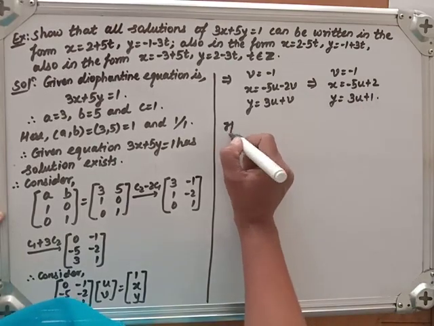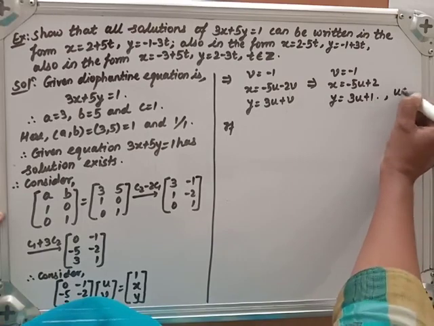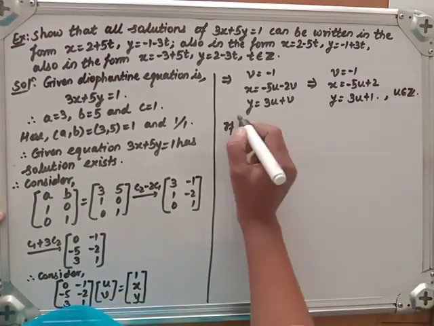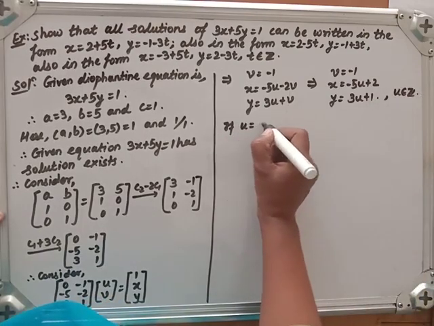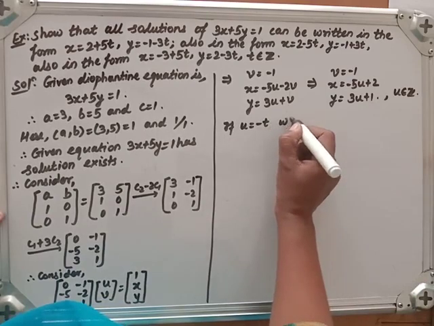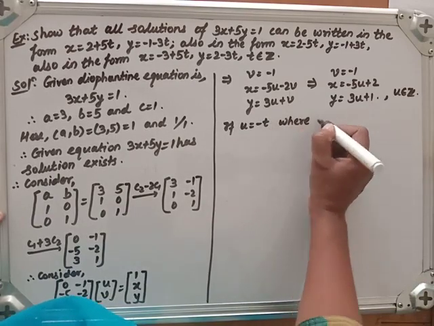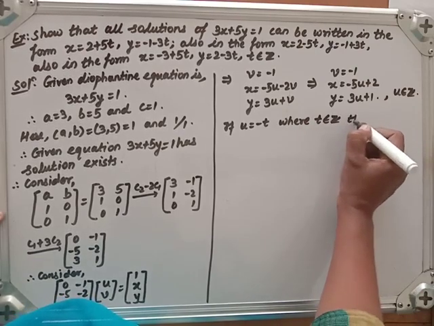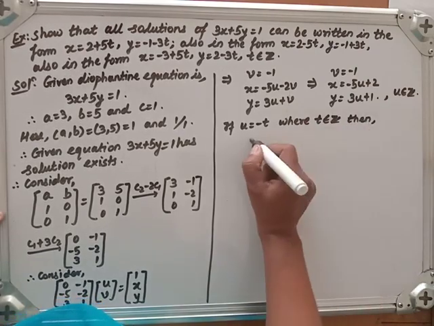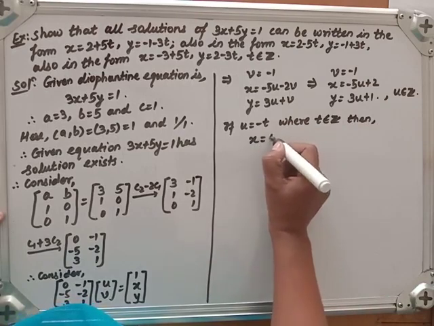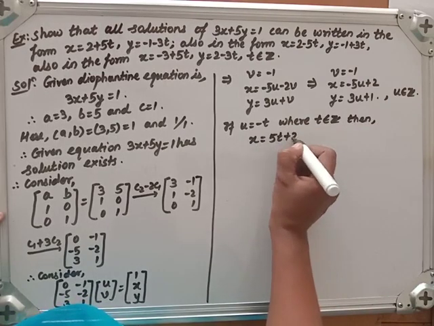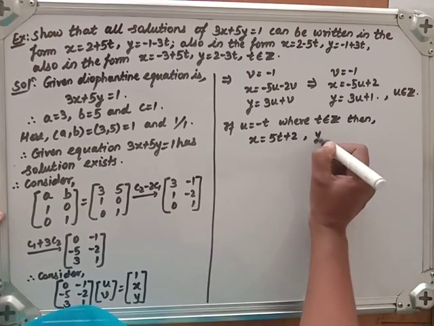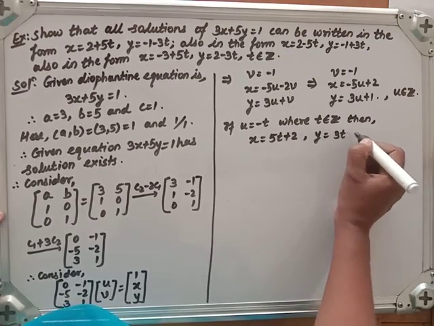Here u belongs to what set? Set of integer. If u equal to minus t, where t is in set of integer, then x equal to 5t plus 2 and y equal to 3t plus 1.